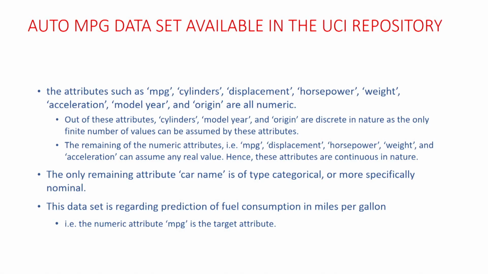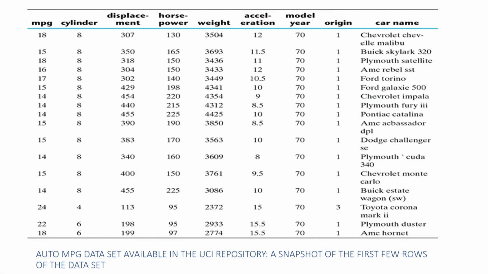In the given data set, MPG values are given for different instances, and your machine learning model can learn from this data set, and then for a new given instance it can predict the MPG value. These are a few instances of that data set.